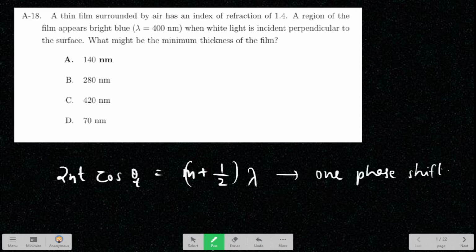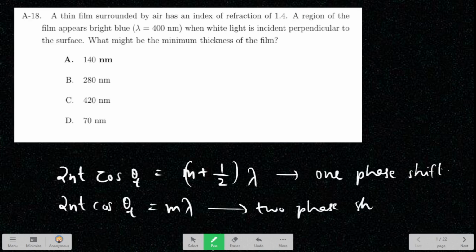And if there are two phase shifts, then the condition is 2nt cos theta t is equal to m lambda. This is the case when there are two phase shifts. This is the condition for constructive interference in a thin film.